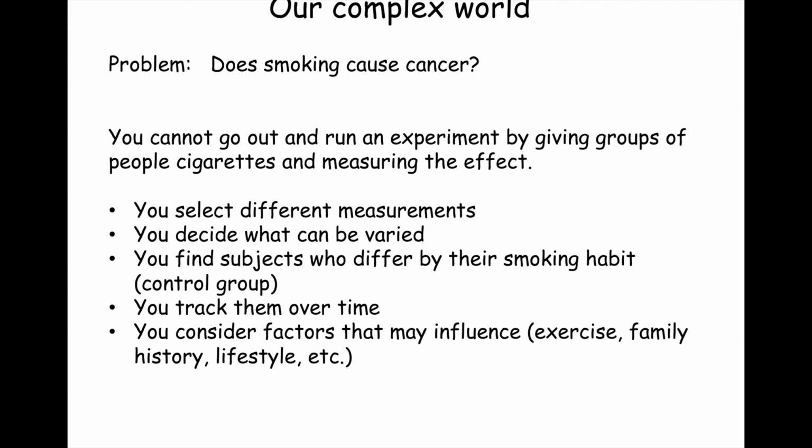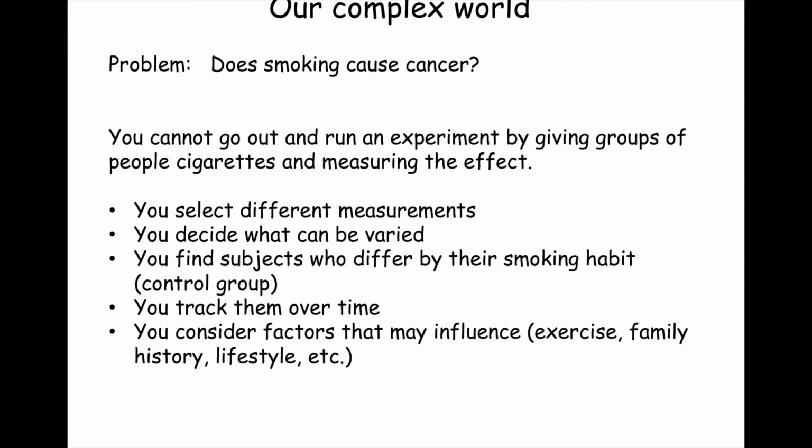That's a sampling problem, to kind of simulate this idea of what happens if you give somebody 1 pack a day versus 2 packs a day versus 2 cigarettes a day, and so forth. And so you decide what you can vary when you design an experiment when you're trying to determine some outcome. And in this case, because you can't physically manipulate the test subjects, it's against the law to do this, you can actually go out and find subjects based on their smoking habit and find different subjects that have different smoking habits, and that becomes your so-called control group.